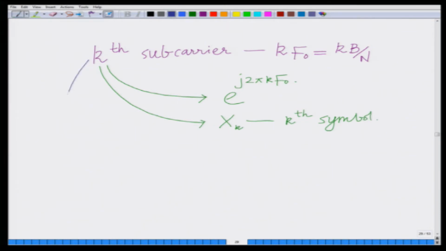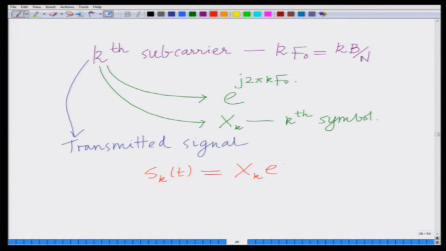Then the transmitted signal s k of t is equal to x of k e to the power of j 2 pi k F naught times t.